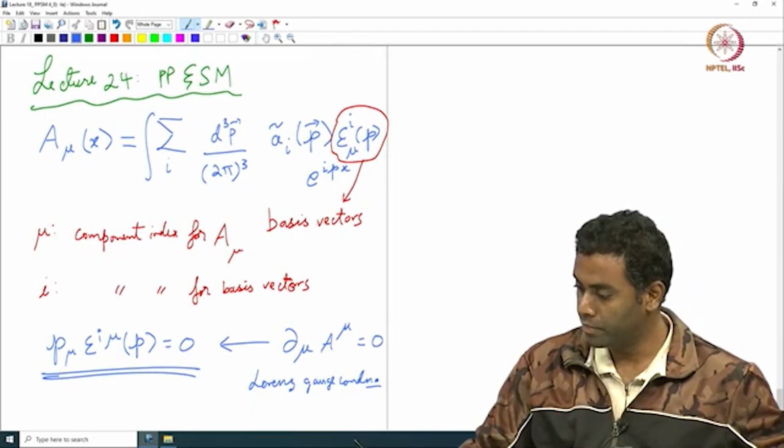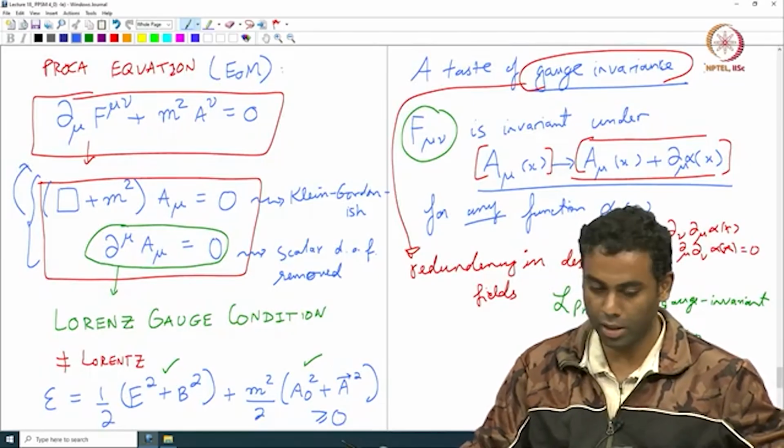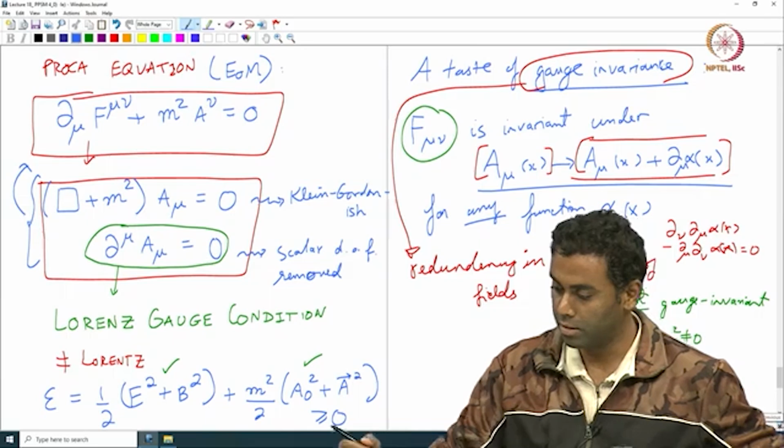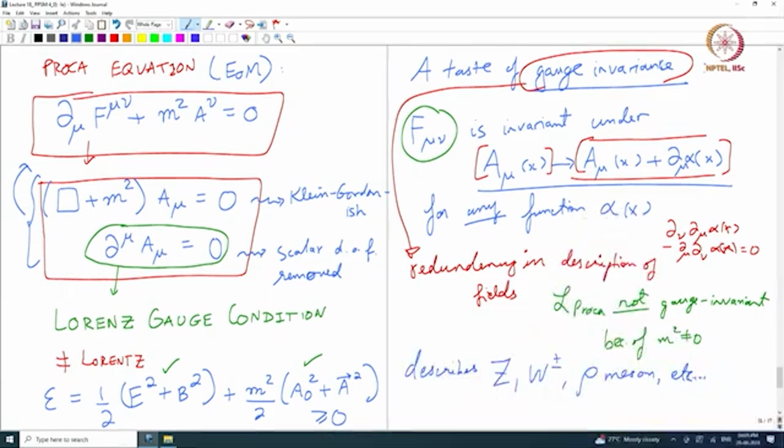And finally, just so you do not think that the Proca Lagrangian is some theoretical curiosity, this is exactly the Lagrangian that describes the Z boson, the W bosons, the rho meson, and so on and so forth. All the massive spin 1 particles that you can think of, this is how you do it, okay.